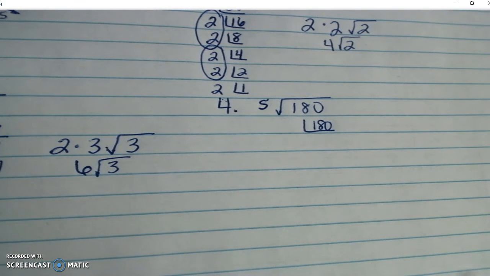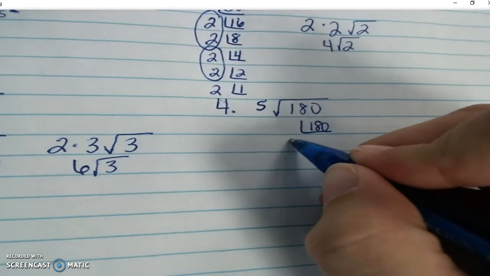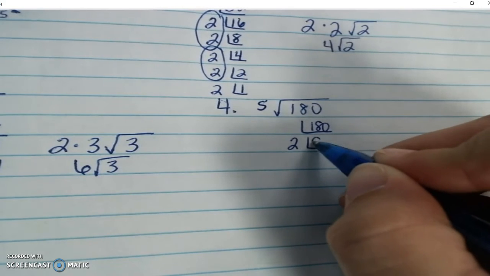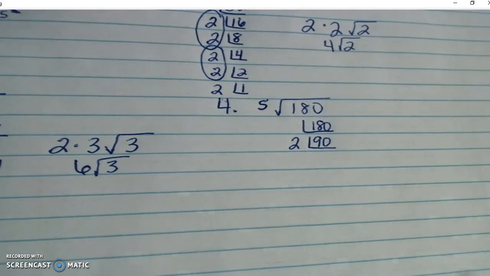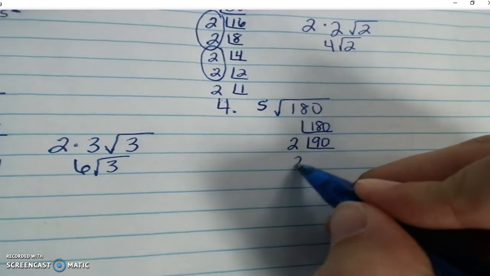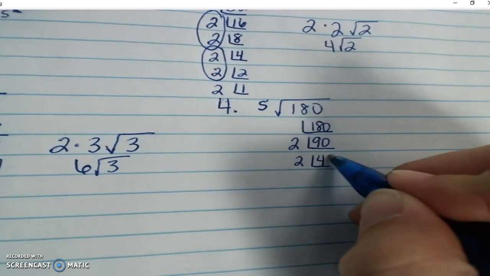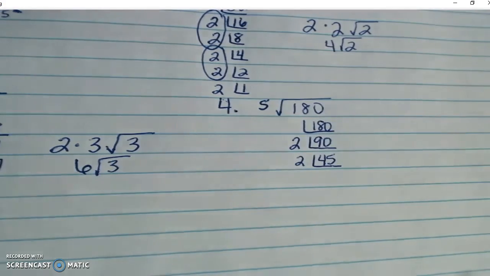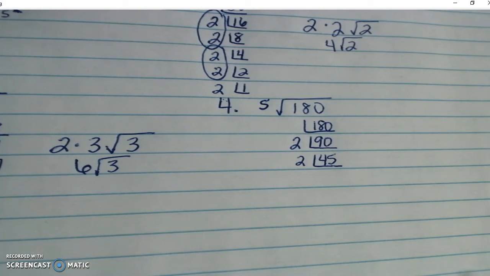So if I'm looking at 180, does 2 go into 180? Yeah. How many times? 90. Does 2 go into 90? Yeah. Good. 45 times. How about 45? Does 2 go into 45? No. Does 3? Yeah.